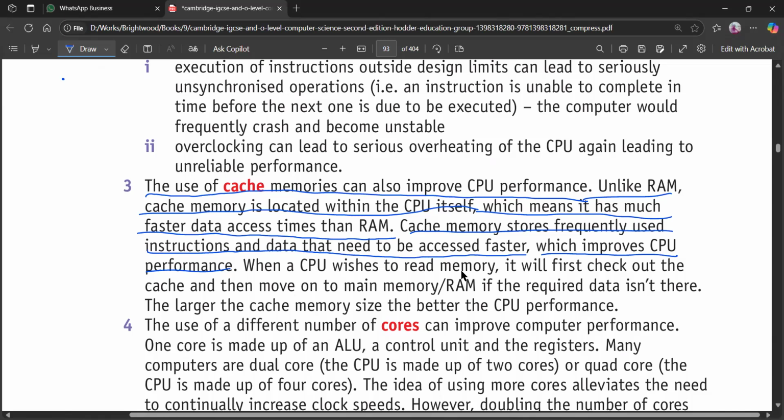Can you write this underlined part, please? I will give you time. Okay, write down the underlined part. Use the cache memory, it can improve the CPU performance.